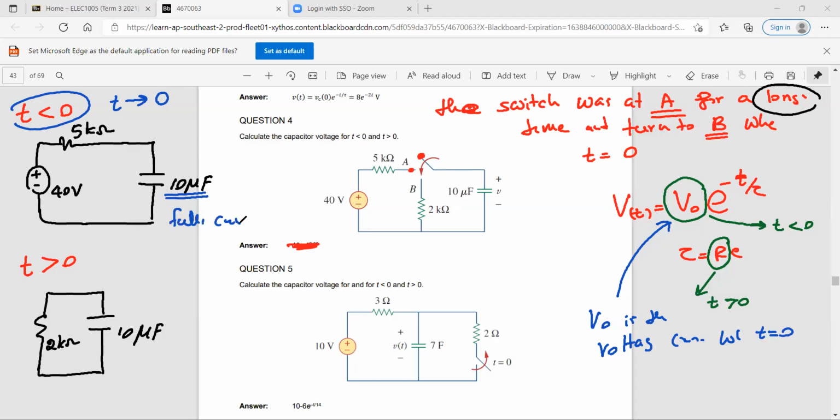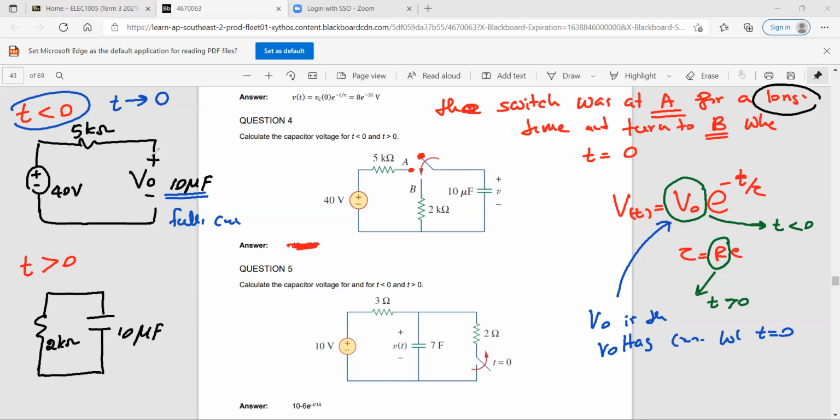When the capacitor is fully charged, the circuit will be open. Now your circuit will be like this. And can't we find the voltage here? That is your V naught.